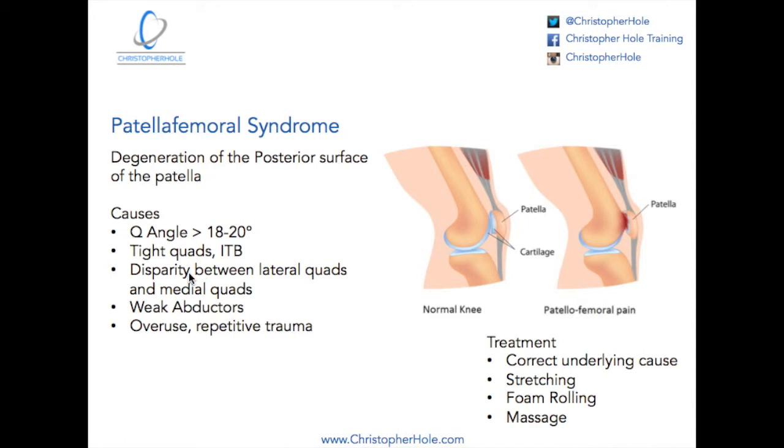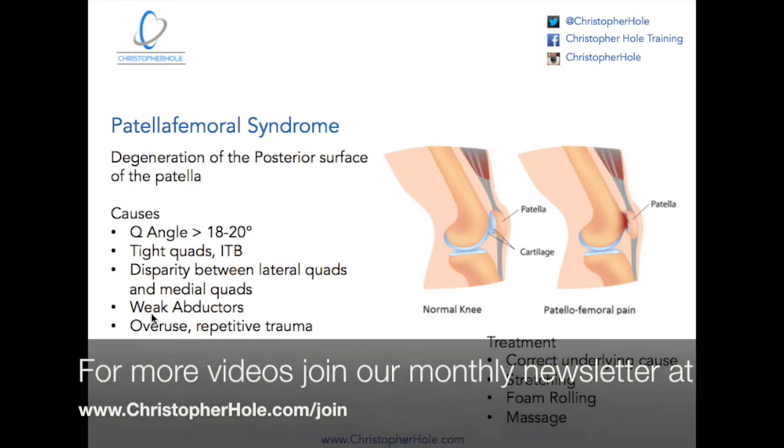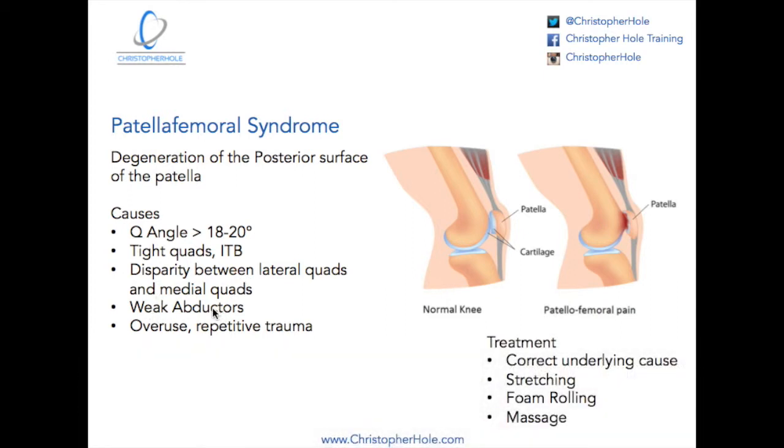So it would be very much using something like a foam roller and stretching through the quads, also through the adductors to loosen those off, which will then allow you to activate your abductors. And then what we've got to think about is the overuse and repetitive trauma.